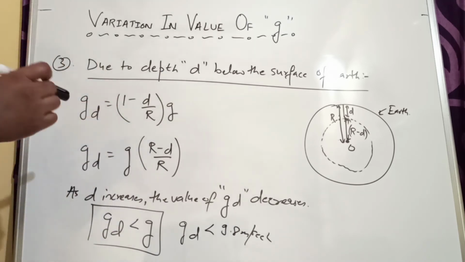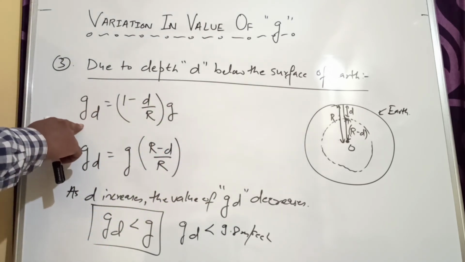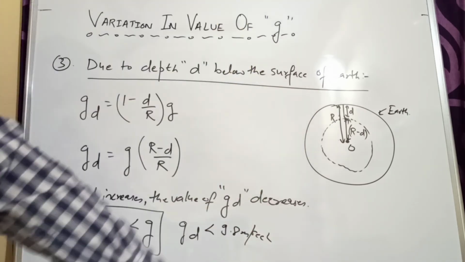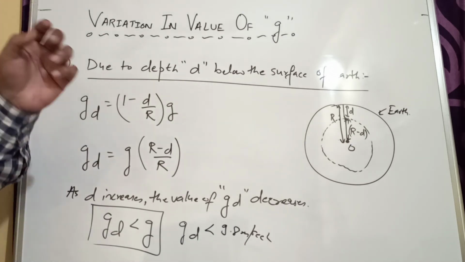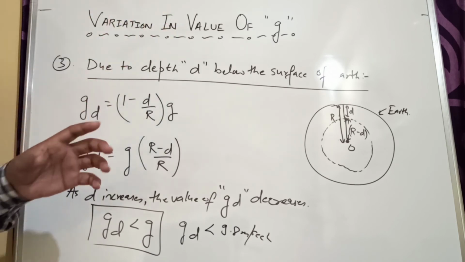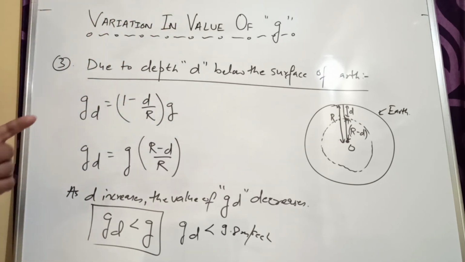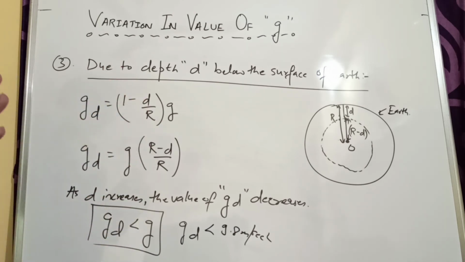Now one more thing, the calculation of the value of g above the surface of Earth or at a depth below the surface has to be done using the binomial theorem. In class 9th you have not studied the binomial theorem, so you can't use that exact formula. It is in class 11th. So for class 9th you have to understand how the value of g changes. You don't have to calculate the exact value.